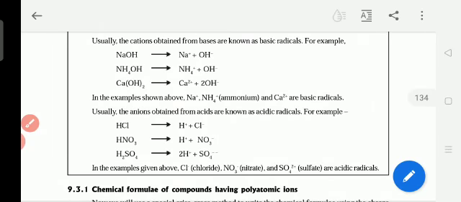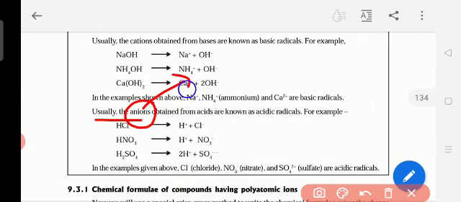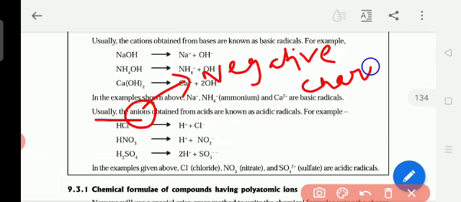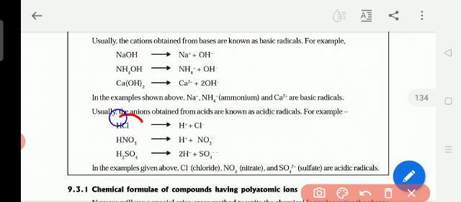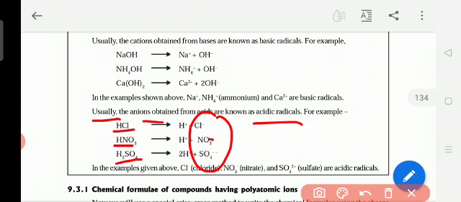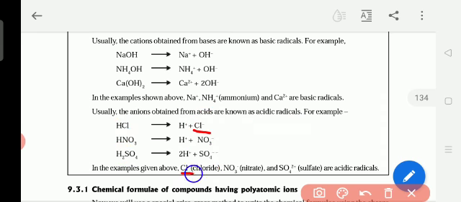Anions mean negative charge, the minus symbol. The presence of H in front tells us it is an acid: hydrochloric acid, nitric acid, sulfuric acid. The negative charges from the acids are called acidic radicals. For example, Cl minus, NO3 minus and SO4 with two negative charges.